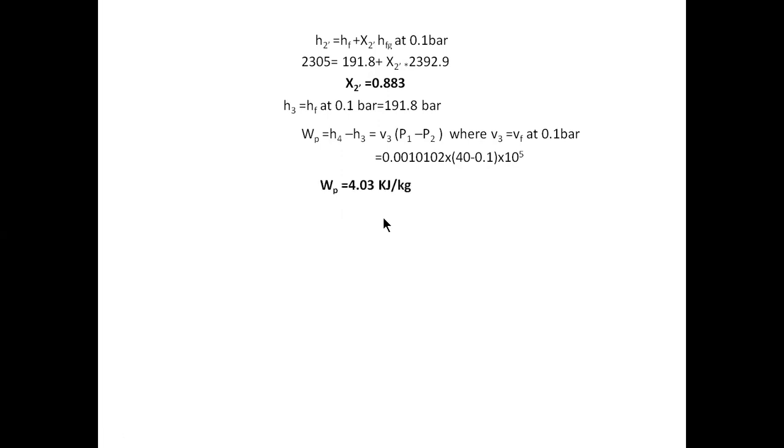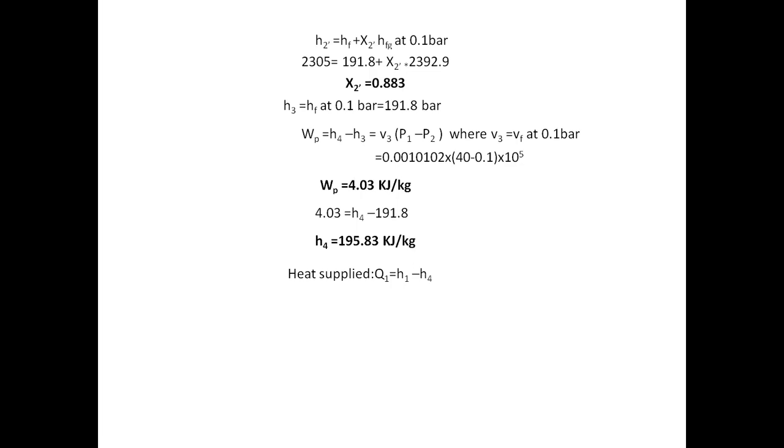So this is the pump work we have got, 4.03 kilojoules per kg. Then I will use the formula H4 minus H3 to calculate H4. We have got H4 as 195.83 kilojoules per kg.